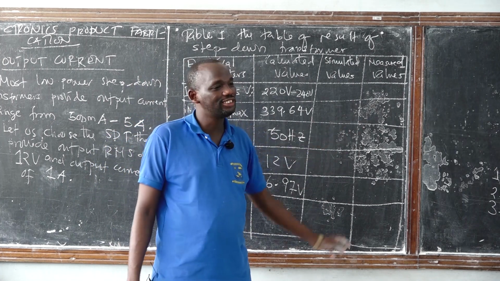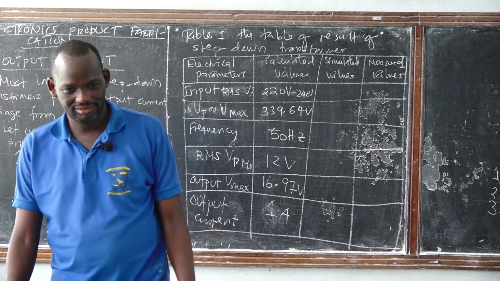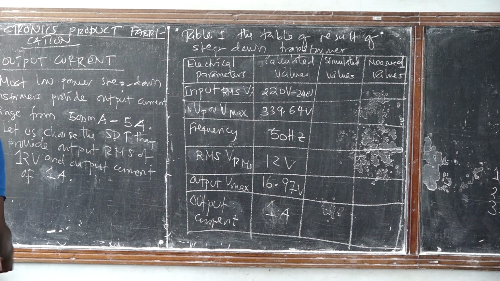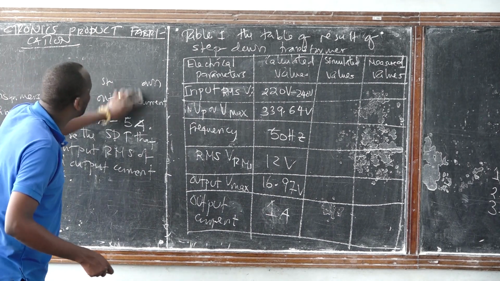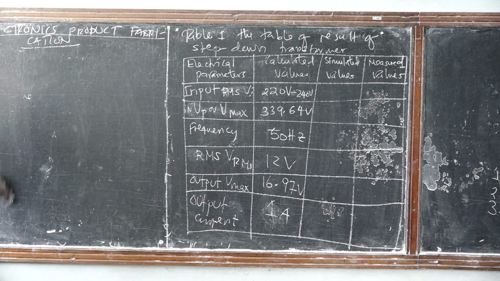When you do measurement, you fail. You have never thought in this way in engineering, because you think we use tables of results only in physics practicals. So in engineering, we don't have tables of what? Results.